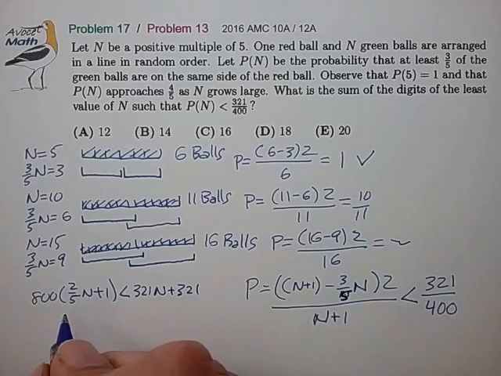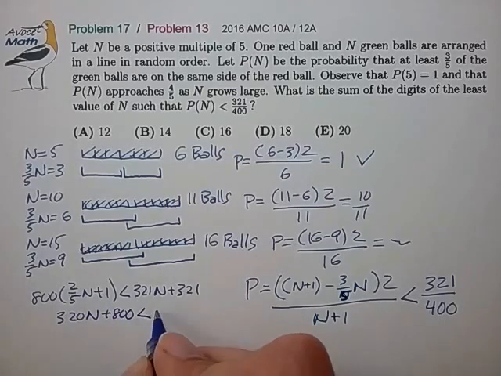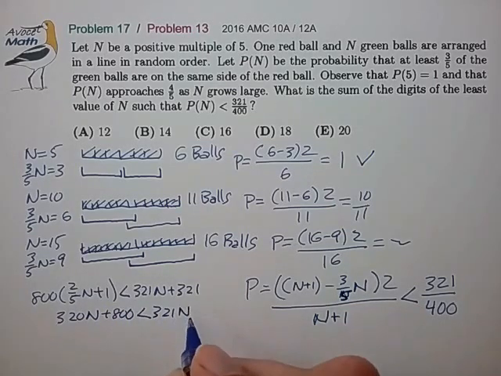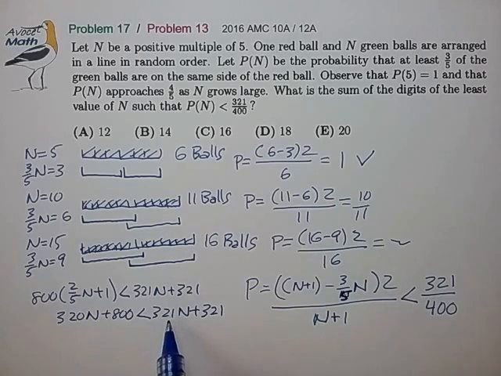Let's multiply that out: 320n plus 800 is less than 321n plus 321. Okay, so now I see why they chose 321 here. That makes this work out pretty easily now.